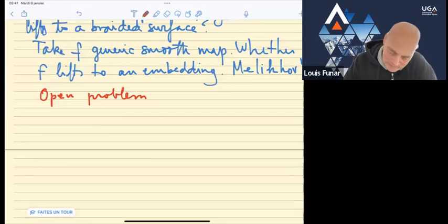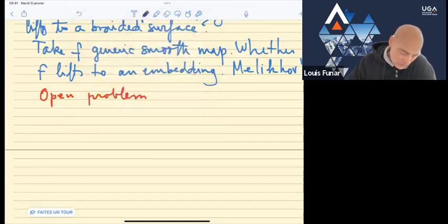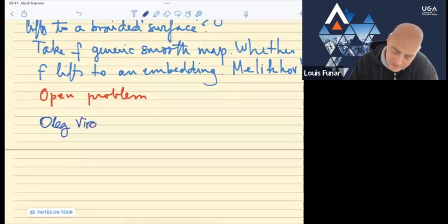So these kinds of objects were already known for some time. I think maybe among the first people working on that is Oleg Viro, in the late 70s and 80s.